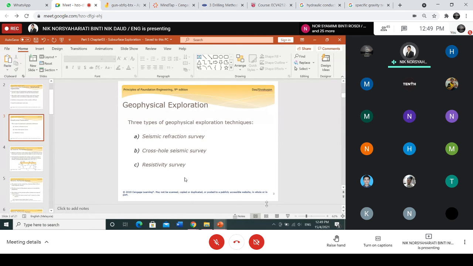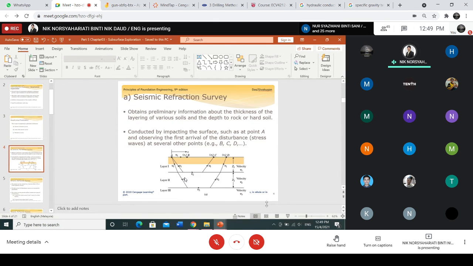So okay, we still need to carry out the SPT or the CPT or the PMT, whatever it is. But this one, we just want to get a clear first view, so you can carry out these 3 types of geophysical techniques, which are the seismic refraction survey, then the cross hole seismic survey, then the resistivity survey.